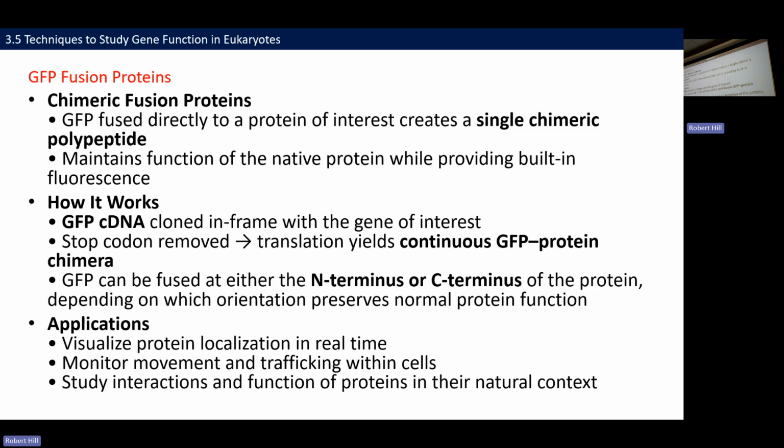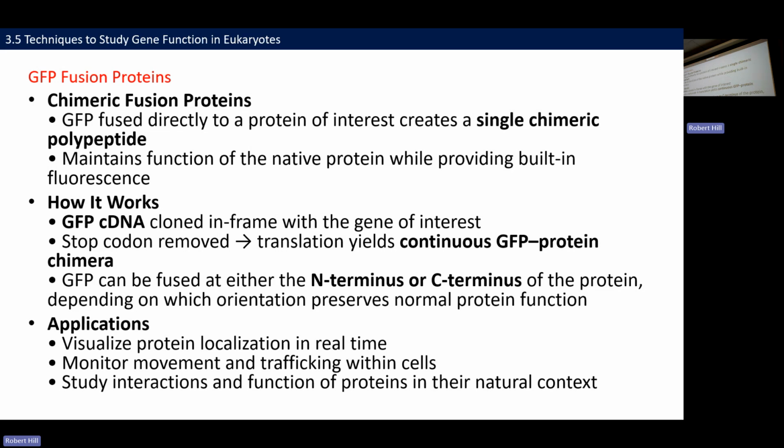Well, these expression vectors will have it like this. Your GFP will be here, and then you'll have multiple cloning sites on both sides. And each of them will have unique restriction sites so that you can do it in either one of those orientations.